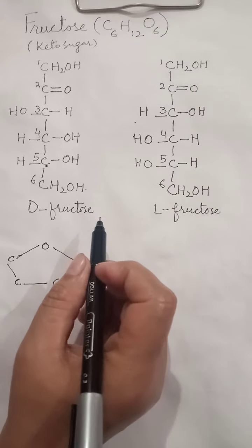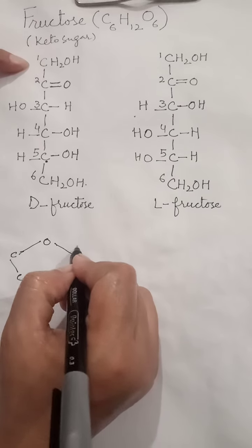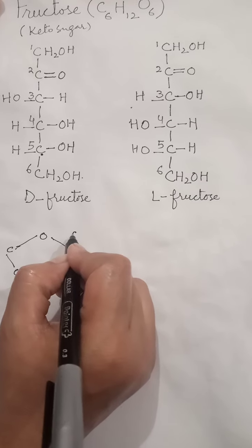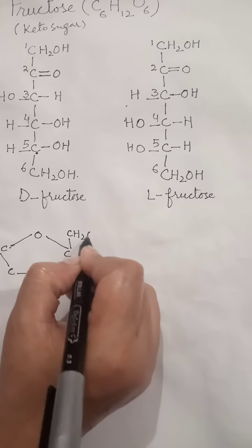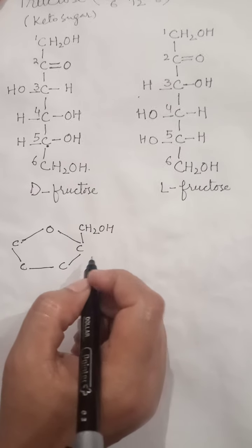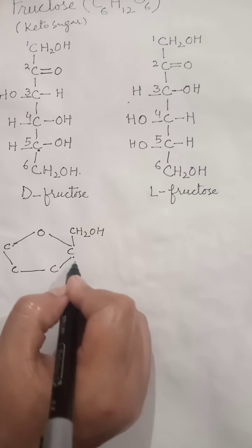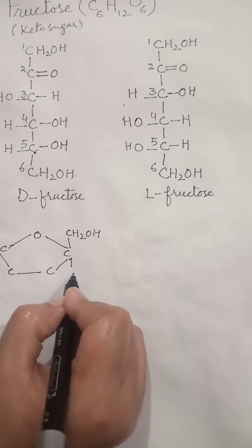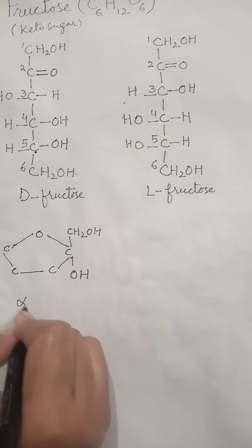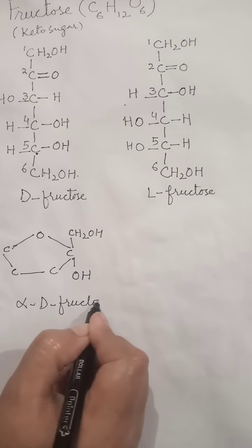So this is carbon number 1, and that is linked with carbon number 2, so here you will write CH2OH. Now if I'm going to write alpha D fructose, then how will I write this?